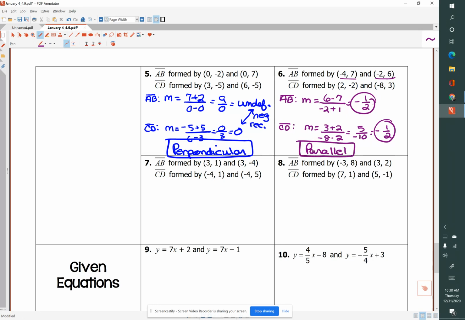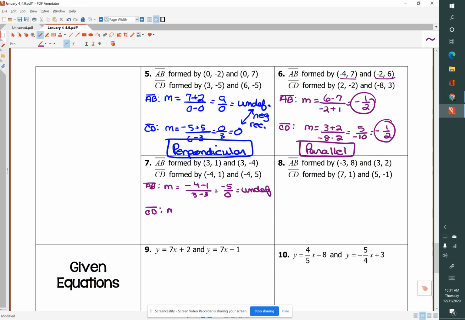Number 7. Let's start with AB. So M equals -4 minus 1 over 3 minus 3, which simplifies to -5 over 0, which means this is undefined. It is a vertical line. Let's look at CD.